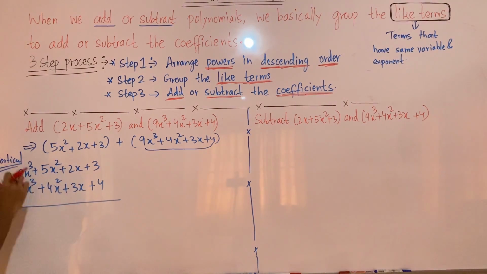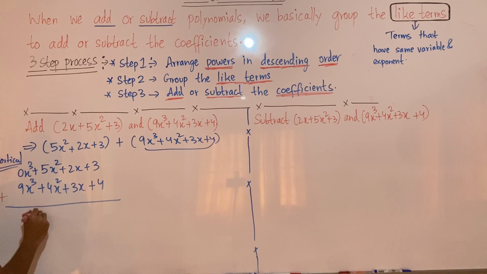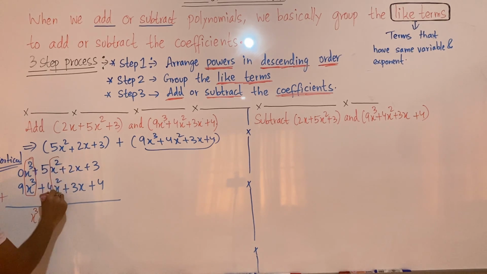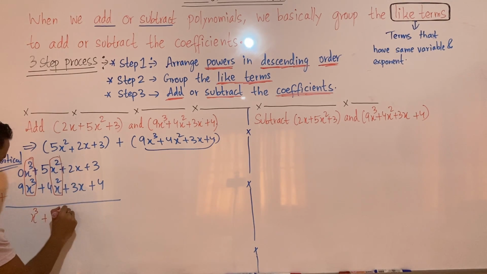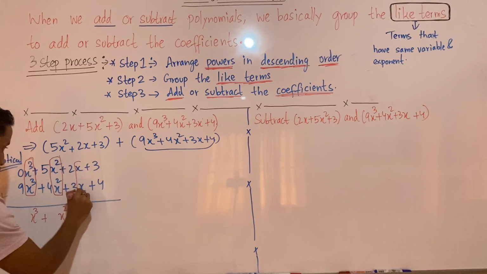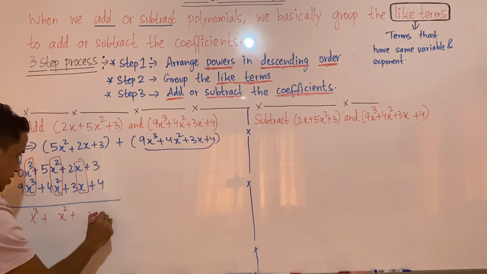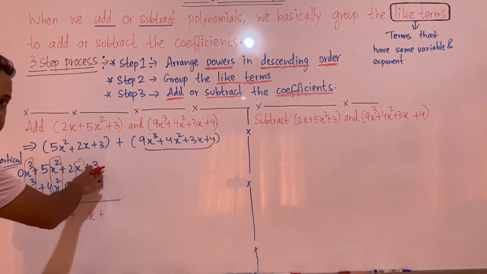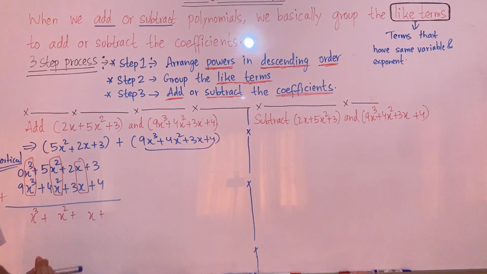See here, x cubed, take the x cubed common. Here, x squared common. Here, x common. These are like terms. And here, x0, because it's a constant term, means the exponent of the variable is 0.